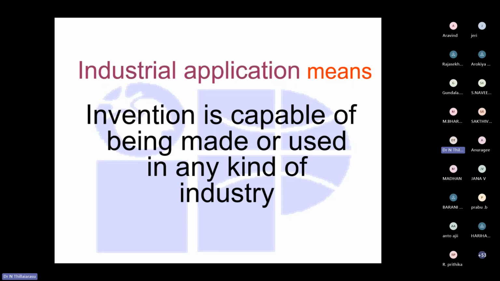Industrial application means what? I already told you about a small IoT application, a gas monitoring system. The same gas monitoring system is capable of being used in any kind of industry. The innovation being capable of being made or used in any kind of industry is industrial applicability.